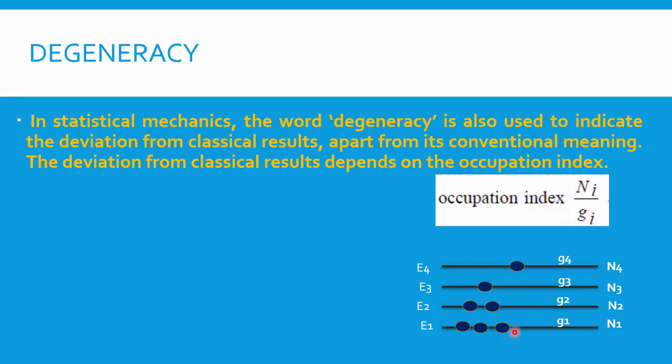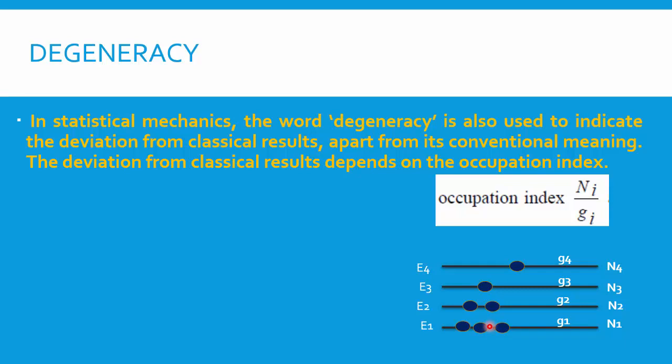If you take the ratio of the number of particles divided by the number of quantum states, then following the occupation index definition, N1 by G1 gives you the occupation index at energy level E1.